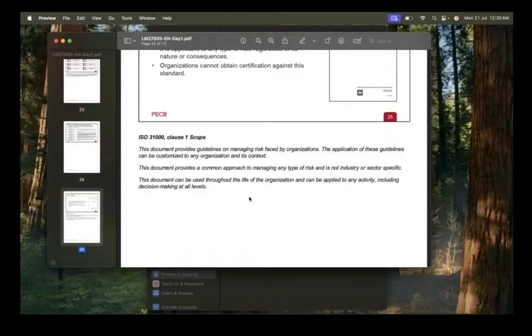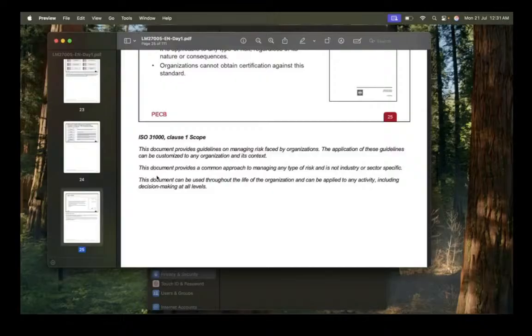It is definitely relatable because it is also related to risk management, like 27005. It provides a guideline on managing risk faced by organizations, any type of industry-specific or sector-specific risk.